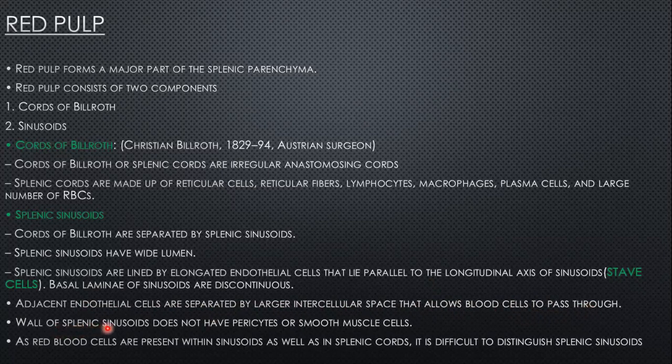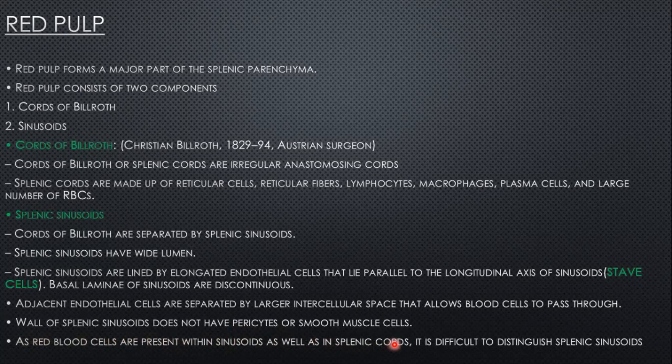The wall of the splenic sinusoids does not have pericytes or smooth muscle cells. As red blood cells are present within sinusoids as well as in the splenic cords, it is usually difficult to distinguish the splenic sinusoids.